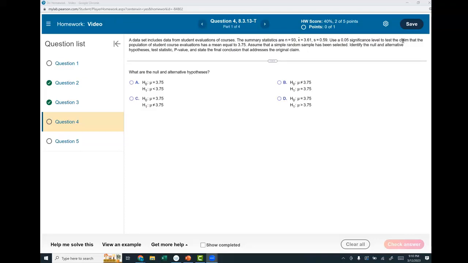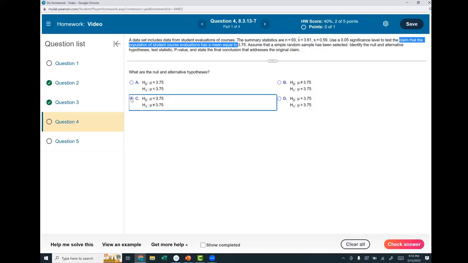Here's where I need to look. Test the claim that the population of student course evaluation has a mean equal to 3.75. That means that we have equal as our null and not equal again as our alternative.